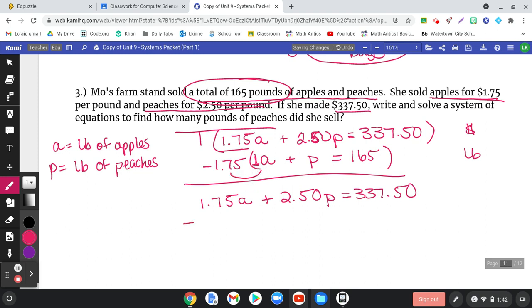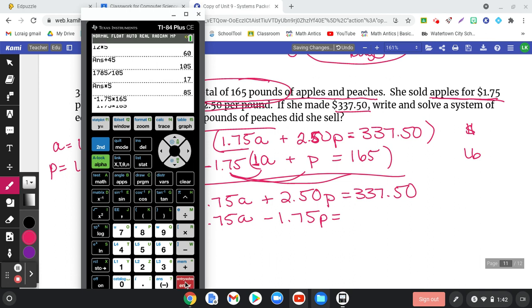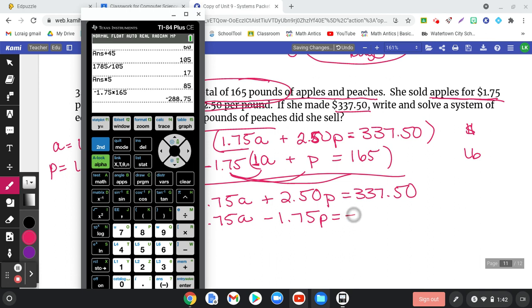Multiply here, negative 1.75A, good, that'll cancel. Negative 1.75 times P, negative 1.75P equals negative 1.75 times 165. I'll have to put that in my calculator. Negative 1.75 times 165, negative 288.75. It's all the same steps. You're just using bigger numbers and decimals.